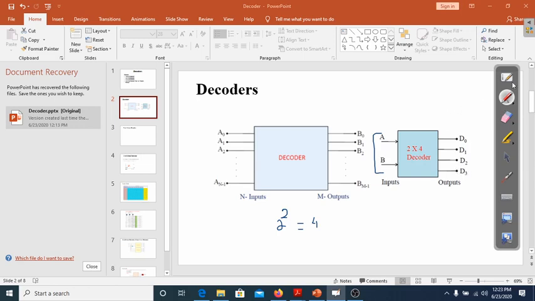Okay, now let us start from the 1 cross 2 decoder. Then we will move to 2 cross 4, and then 3 cross 8 decoder. Okay.